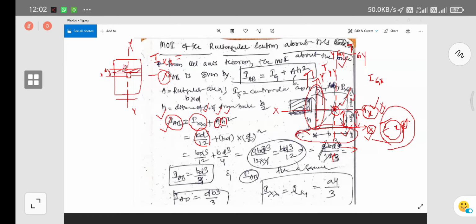So the total b is there, dy is there, and also the distance between these two. From the x centroidal axis, at what distance have I taken this rectangular differential element in order to integrate? At y distance I have considered it. So the moment of inertia is integrated between 0 and d, or otherwise h.